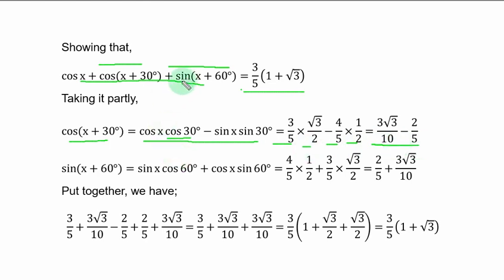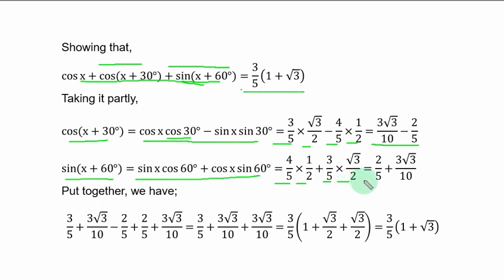We take the second compound angle in the expression, which is this, and you have this result. From the question, sin s is 4/5 times cos 60 degrees 1/2 plus cos s 3/5 times sin 60 degrees √3/2.